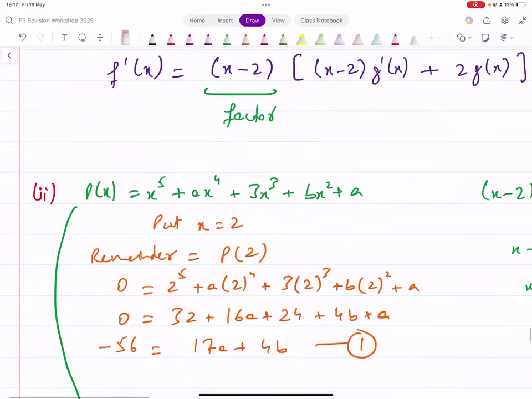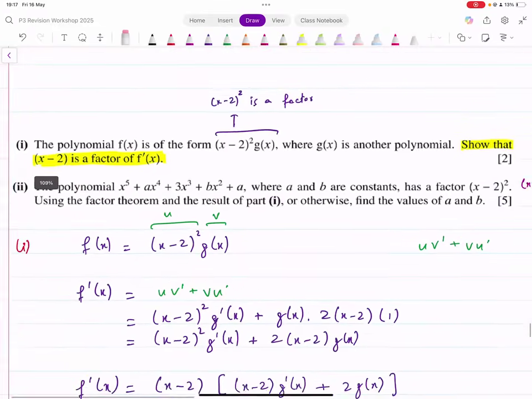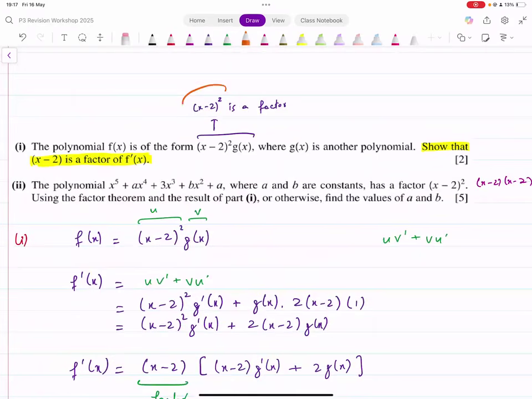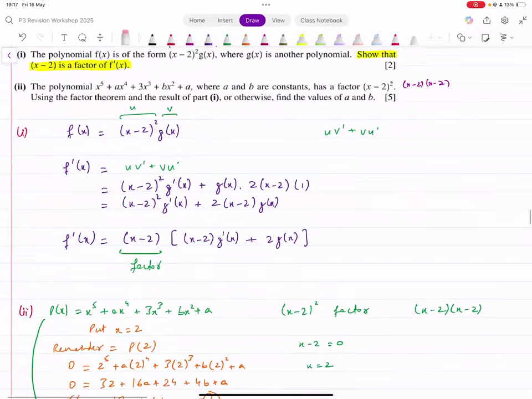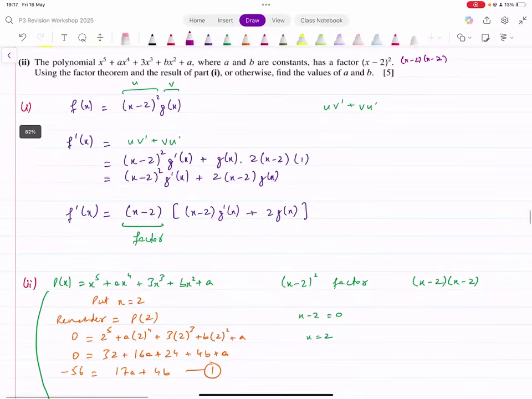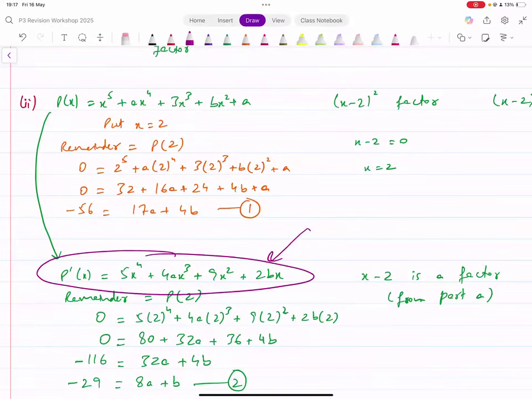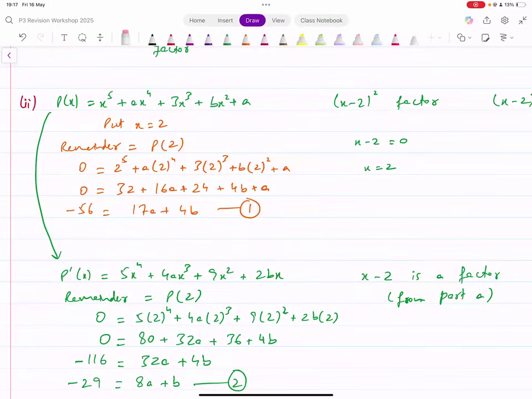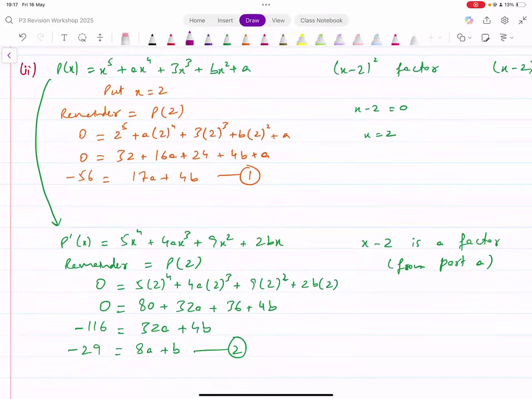But then, how do we use the first part? In the first part, we proved that if any polynomial has x minus 2 whole squared as a factor, then its derivative should have x minus 2 as a factor. So what we do is, let's find the derivative of this polynomial. That's what the derivative turns out to be of that polynomial. Now, using the result of the first part, we know that this derivative is going to have x minus 2 as a factor as well.